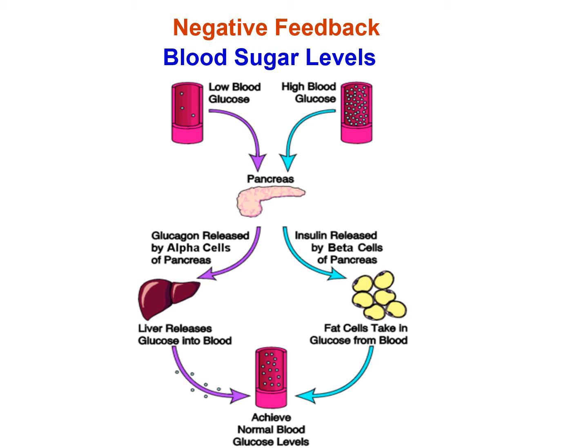If we put too much sugar in our blood, it can get really thick, and it's not going to flow like it's supposed to. That can cause your heart to have to work harder, and it can cause other problems. Your liver needs to be told, like a faucet, when to turn on and when to turn off. And that's one of the jobs of your pancreas. This is a classic example of a negative feedback mechanism.